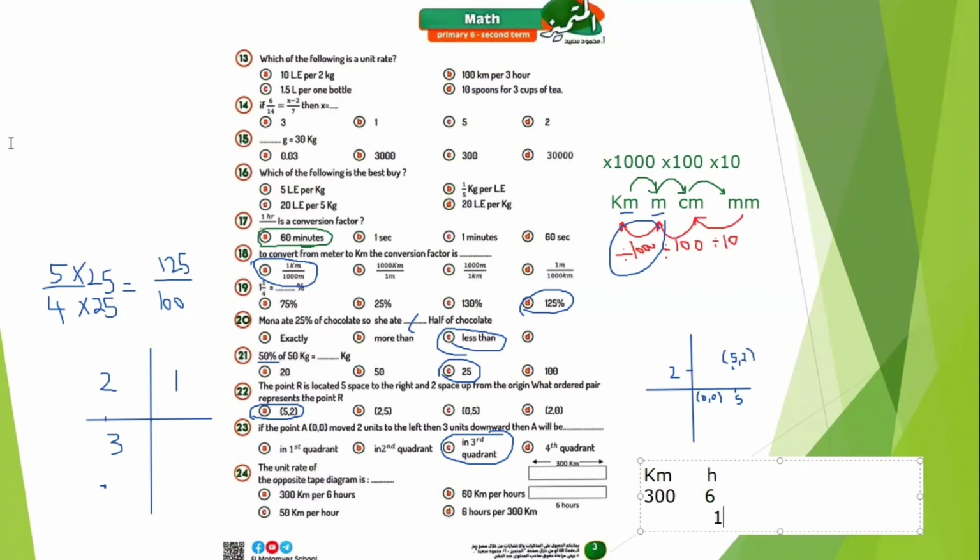Here we divide by 6. As we divide here by 6, we have to divide the kilometers also by 6 to get the same ratio. 300 divided by 6 equals 50. So 50 kilometers per 1 hour.